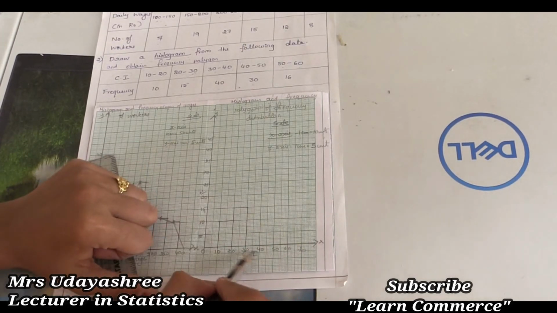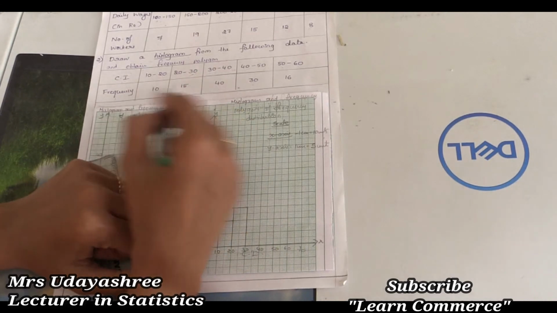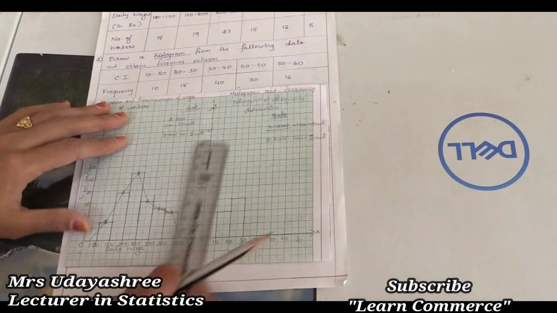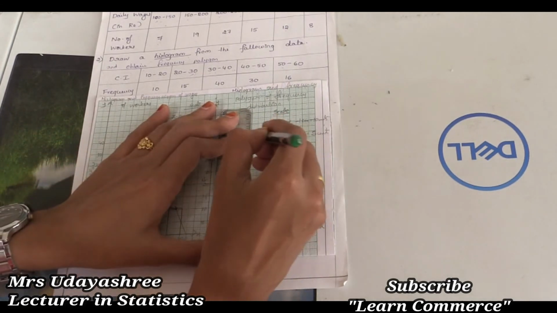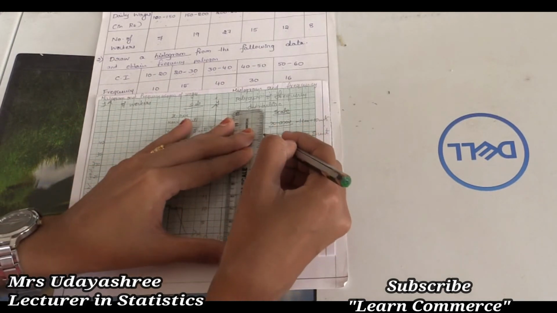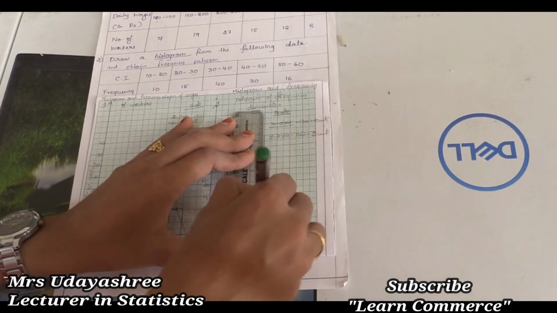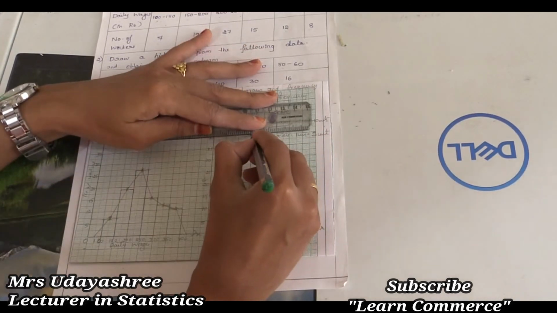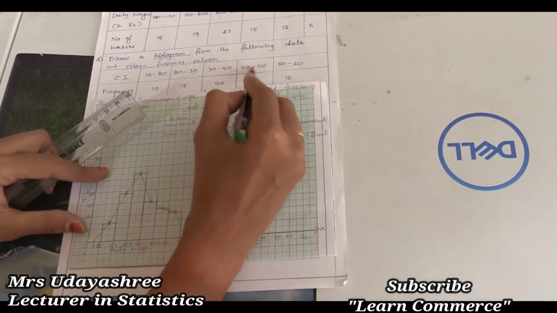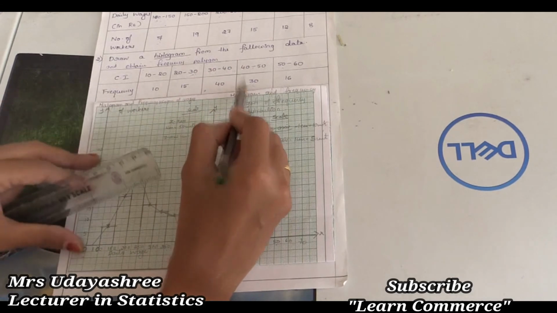Next 30 to 40, corresponding frequency 40. See 40 is here. Next 40 to 50, corresponding frequency is 30.